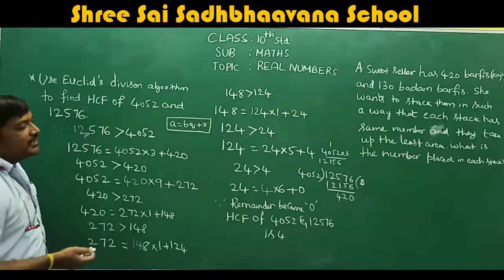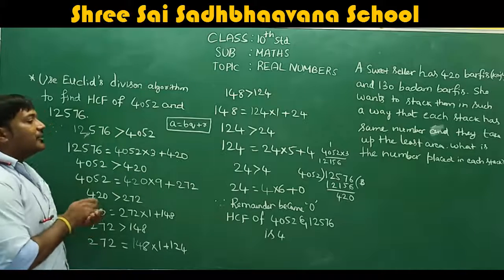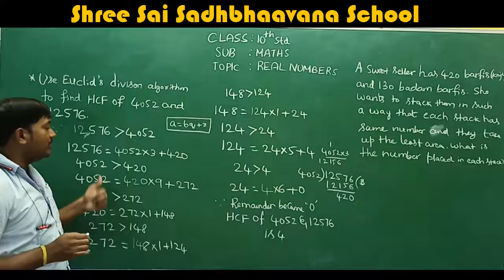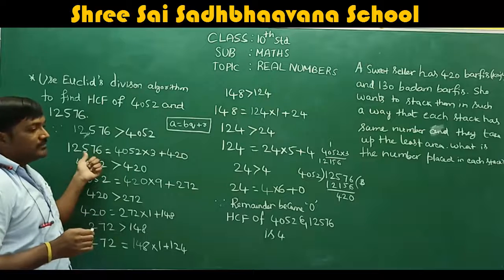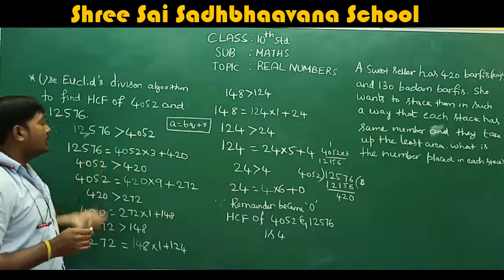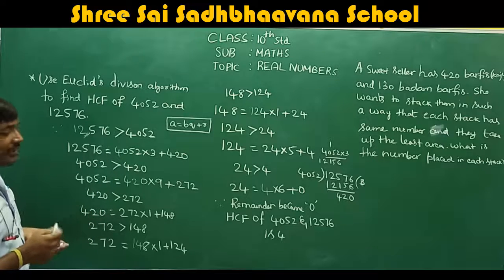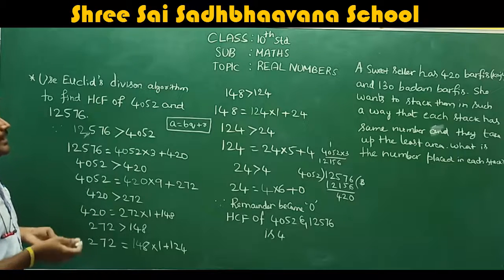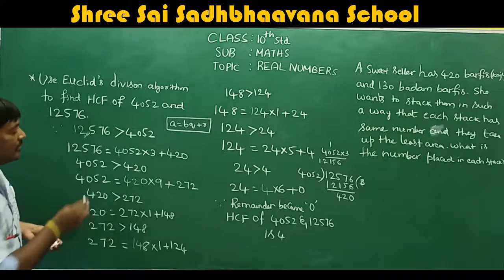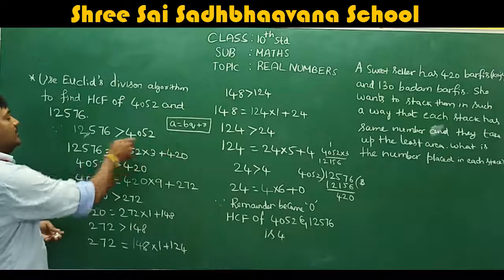What we got: quotient 3 and remainder 420. So A is the dividend 12576, B is the divisor 4052, quotient is 3, and remainder 420.